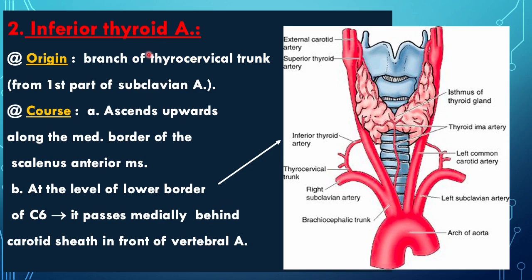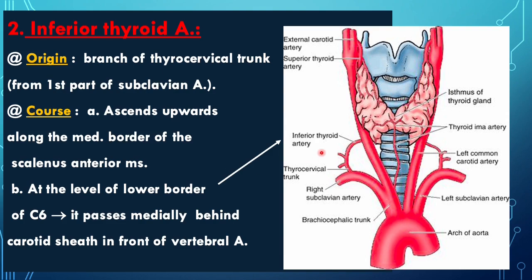The inferior thyroid artery is a branch of the thyrocervical trunk, which is a branch from the first part of the subclavian artery. The thyrocervical trunk gives three arteries. One of them is the inferior thyroid artery, which passes upward to reach the back of the gland to supply the lower two thirds of the lobes as well as the lower half of the isthmus.